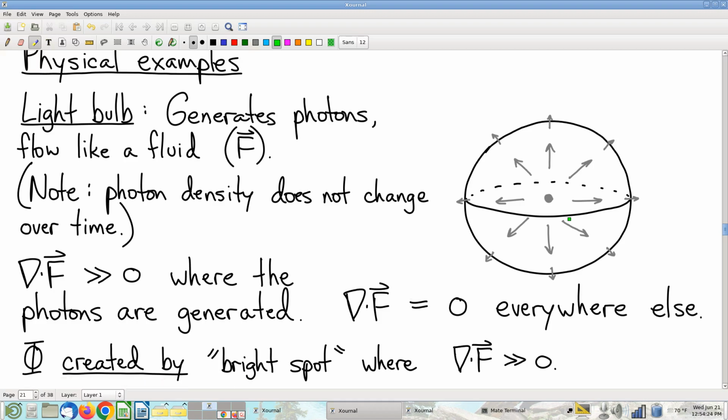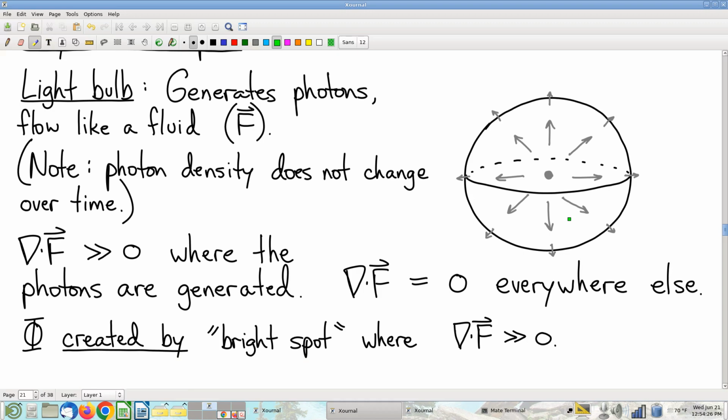So I'm going to start with probably my favorite one these days, and that is a light bulb. There's light bulbs all over the place, right? And what that is, is an actual hot spot, a little LED in most cases these days, where all the light is coming out of that one little spot.